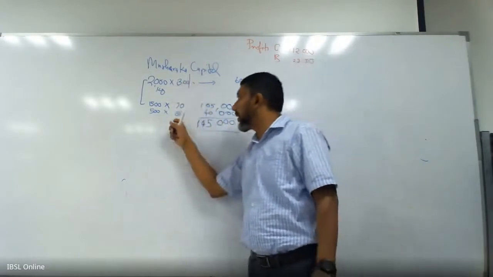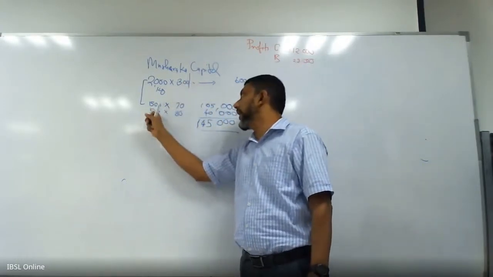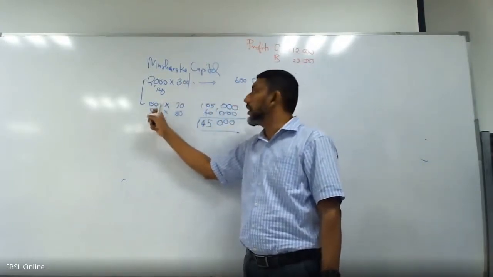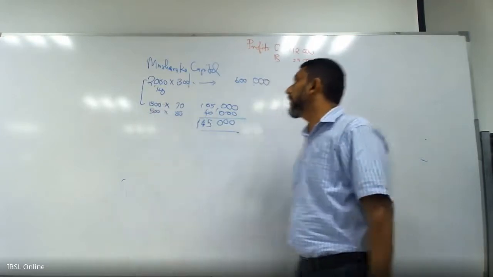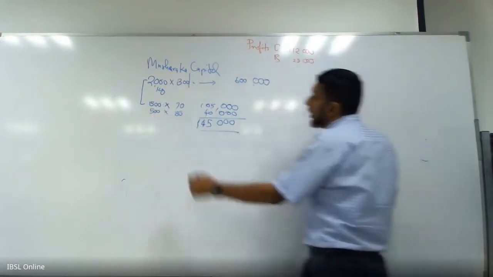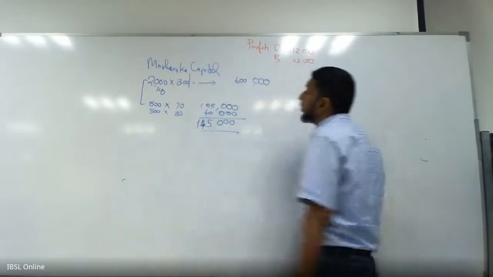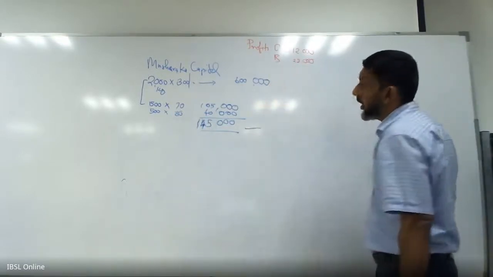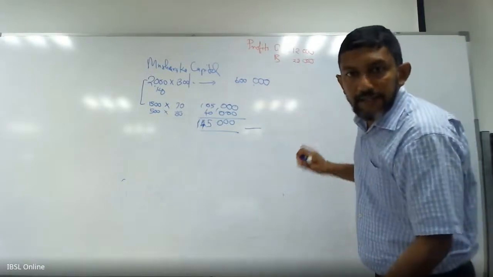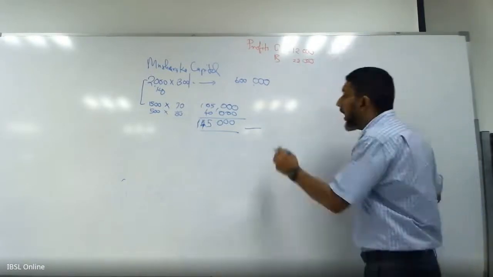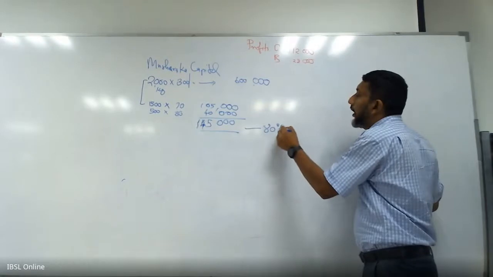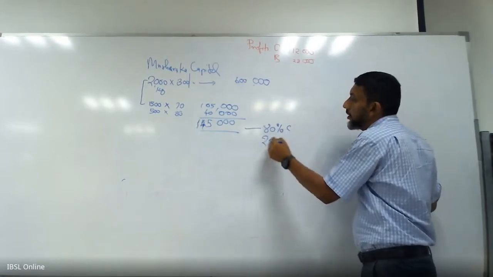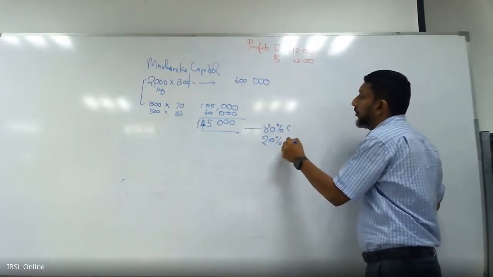When you are selling at 380, you are getting 80 rupees a kilogram profit. So for 2,000 kilos, we are getting 145,000. That's the total profit. And the profit sharing ratio agreed is, according to the question, 80-20: 80% for the customer, 20% for the bank.